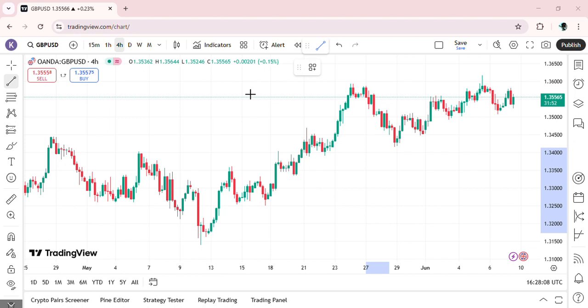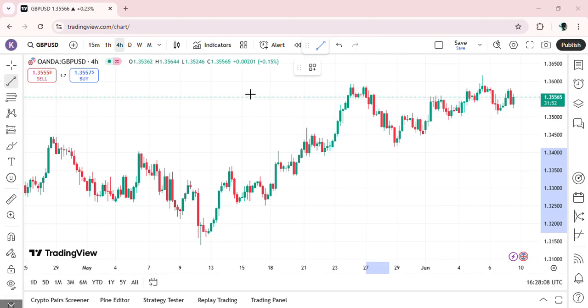The first one, we call it an uptrend. The second one, we call it a downtrend, and the third one, we call it a sideways or consolidation or ranging market, which has different names.